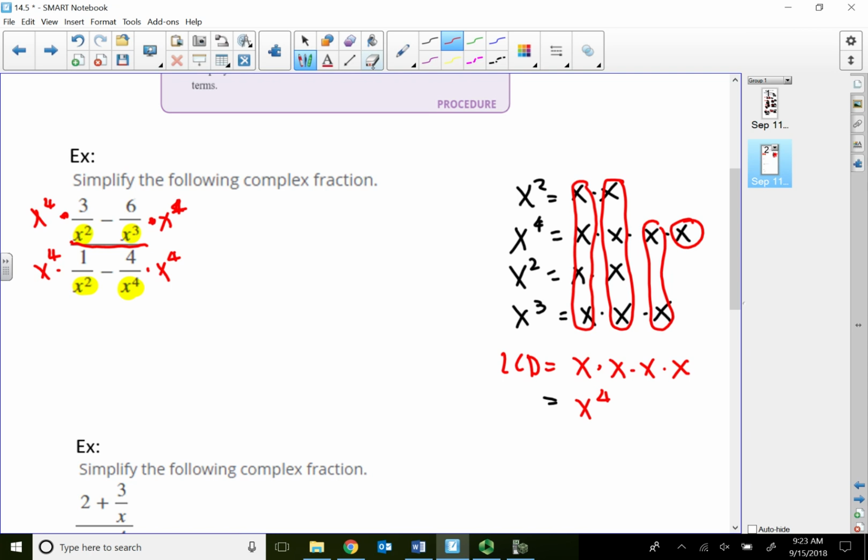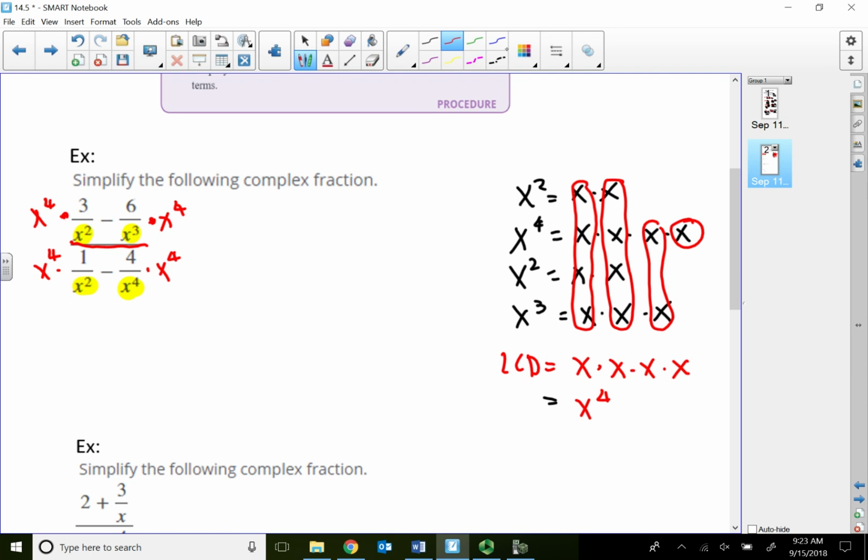In a way, what I'm doing is very similar to clearing the fractions. I'm basically trying to get rid of all denominators. What I end up with is just the terms, simplifying what the numerator and denominator are going to look like. But I'm still in fraction form because my red fraction bar is still there.